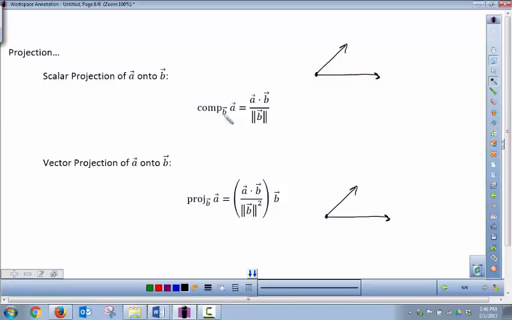I think this is the notation that they use in the book. COMP for component projection, and PROJ for projection.